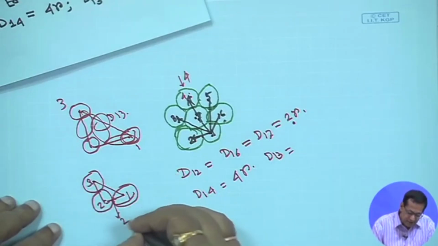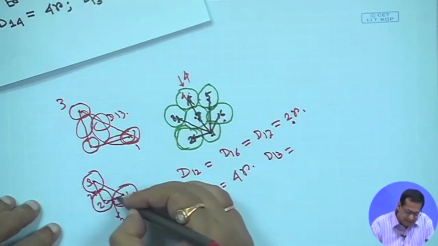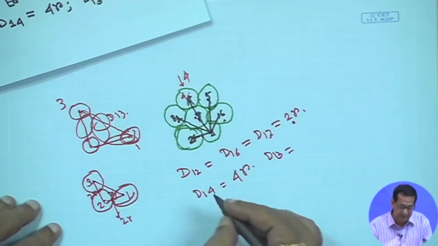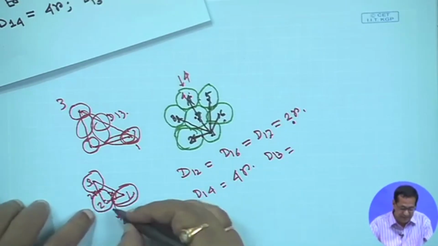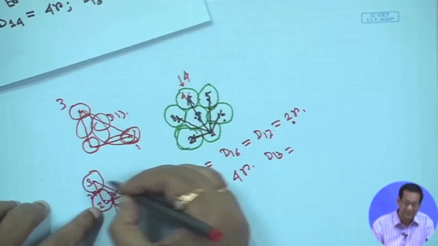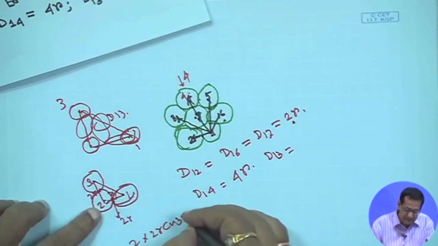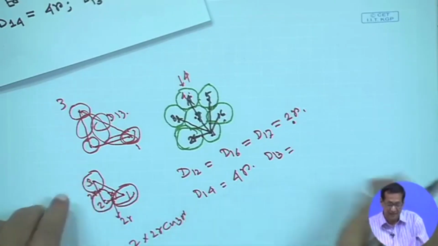Similarly, 2 to 3 is also 2r, and this angle is 30 degrees. So here you take the projection: 2r cos 30 plus 2r cos 30, that means 2 into 2r cos 30 is the total 1 to 3.